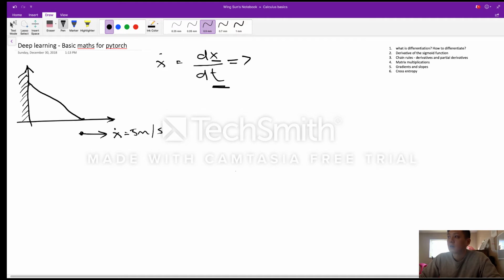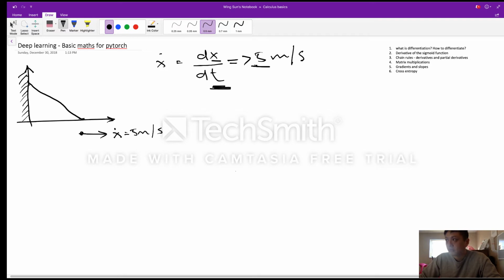So how would x change if time changes? It makes perfect sense, because if I say this is 5 meters per second, then the way x would change if time changes is 5 meters per second. As a unit of time changes, x would change by 5 meters.